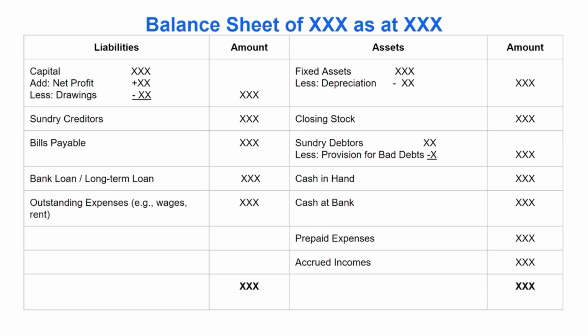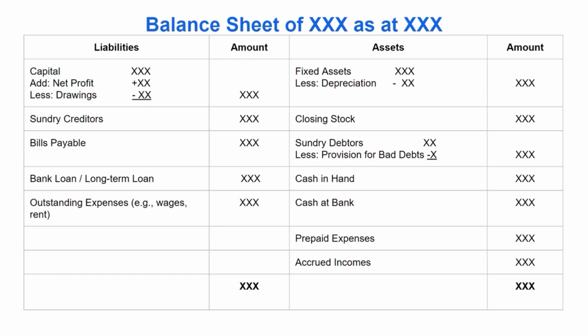And on the asset side, we'll record all the fixed assets such as machinery, furniture, fixtures, and from that we will deduct all the depreciation. Example, if we have recorded machinery, less from the machinery we will deduct depreciation of machinery. And if there is one more asset, furniture, from furniture we will deduct depreciation of furniture.